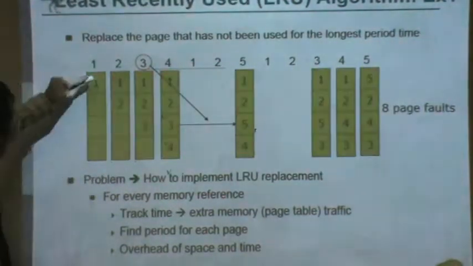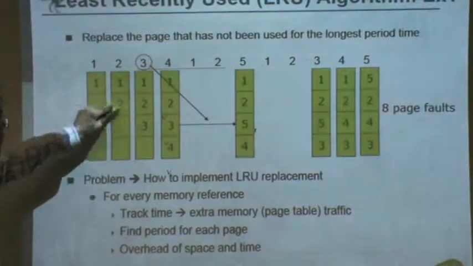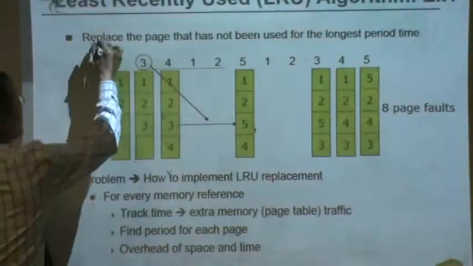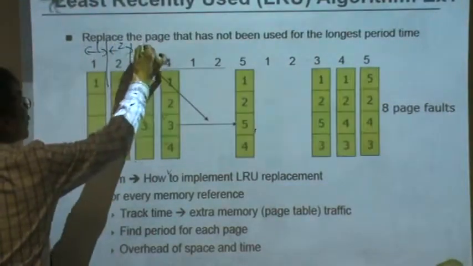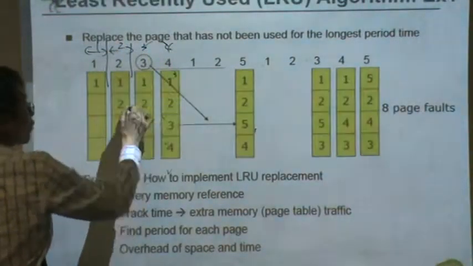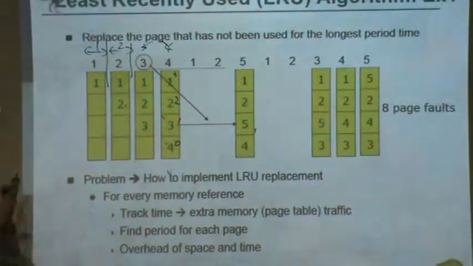So 1 is referenced at this time, 2 is referenced at this time. Let's say this is a time slot. 1 time slot, 2 time slot, 3 time slot, 4 time slot. So 3 time slots before, 2 time slots before, 1 time slot before, and this one is just now.